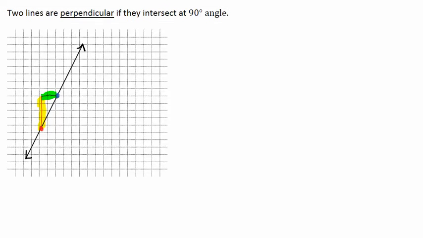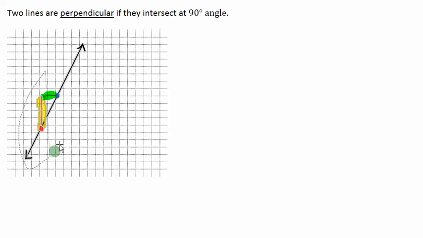Two lines are perpendicular if they intersect at a 90-degree angle. Okay, so let's draw a picture of a line and then look at a line that's perpendicular. So let's take the line that we saw before in the previous example. We'll start with this line, and I want to get a perpendicular line.